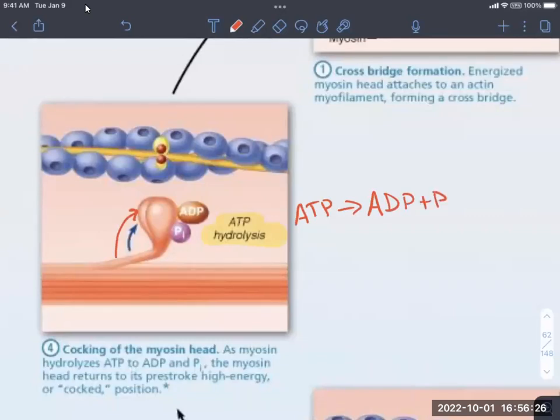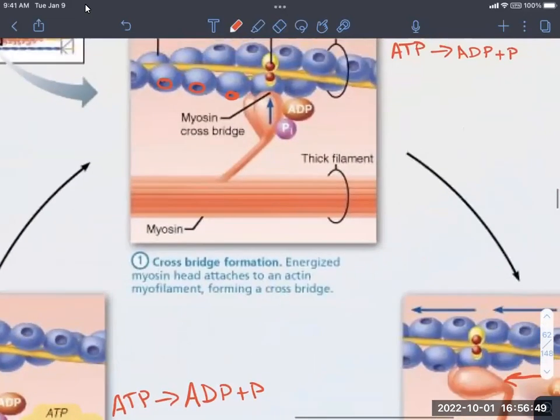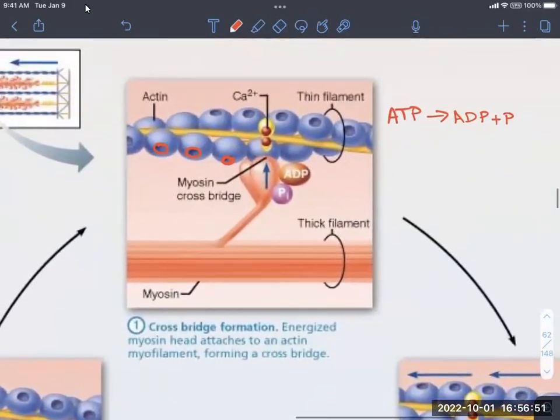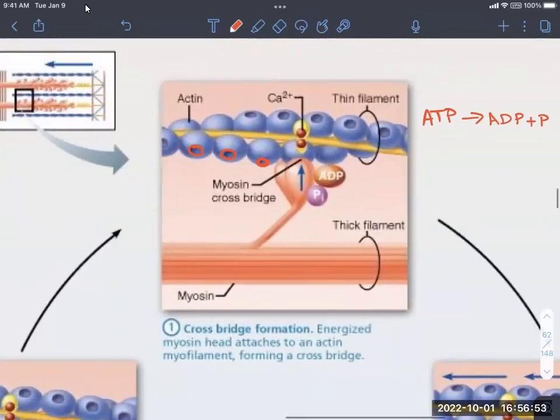Through that reaction, we took that energy and stored it in these myosin heads for when the next cross bridge is created. And then we go back to this stage where our cross bridges are being formed.